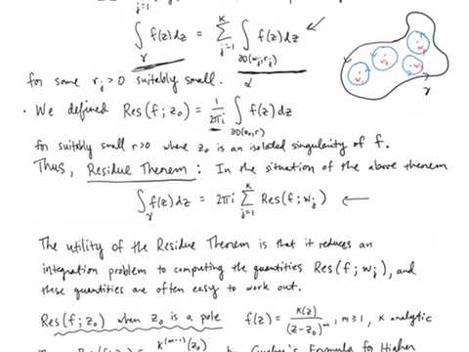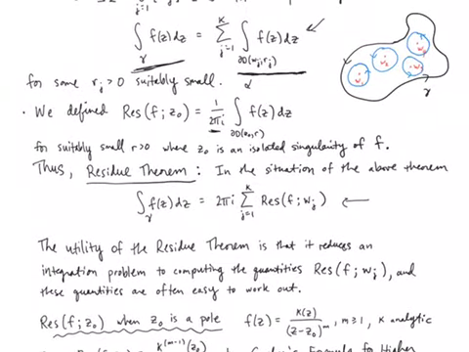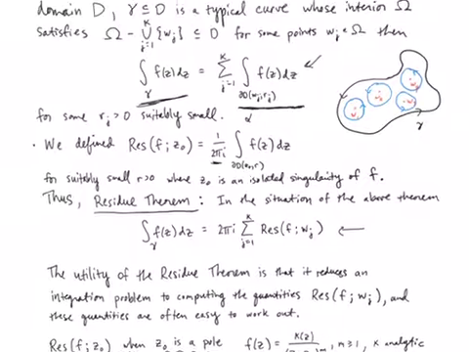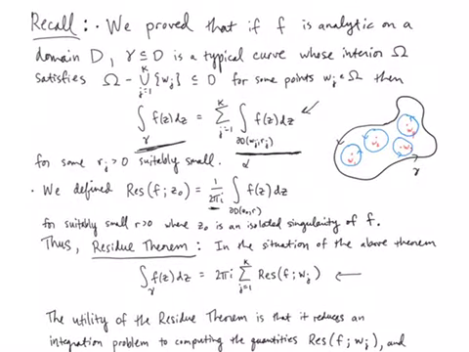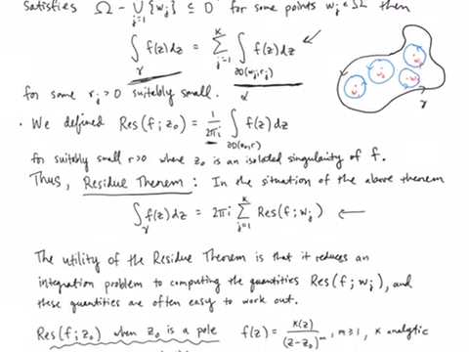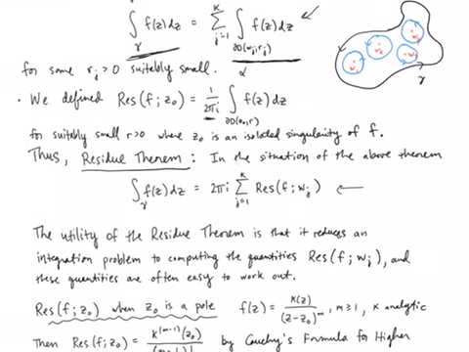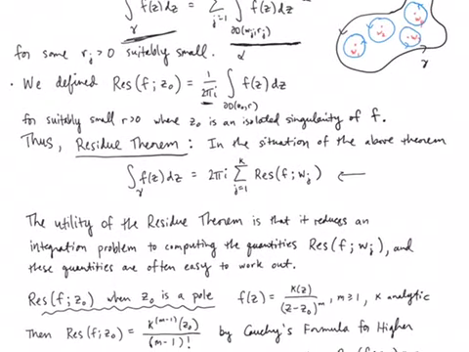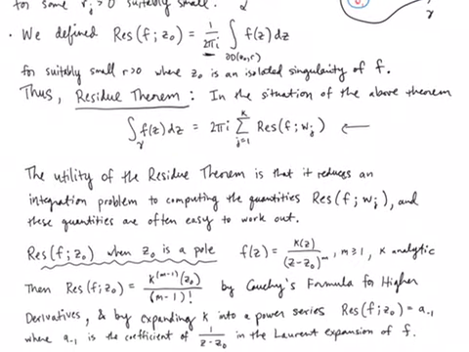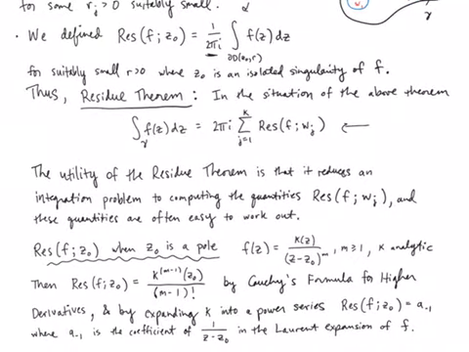This is, formally stated, the residue theorem: in this situation, the integral around a curve gamma is 2 pi i times the sum of the residues at those singular points.